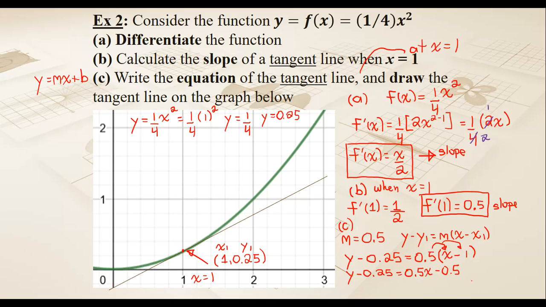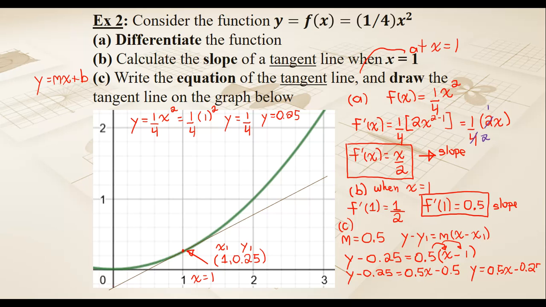And then if you just add 0.25 to both sides of the equation, you'd get y is 0.5x, and negative 0.5 plus 0.25 would be negative 0.25. Okay, so that's my equation of the tangent line. I got the slope from figuring out the derivative, and then to get the y-intercept, I just had to identify a point that was actually on the tangent line.